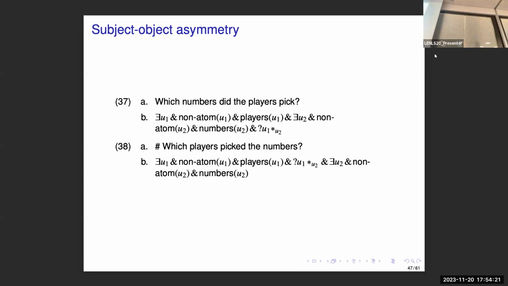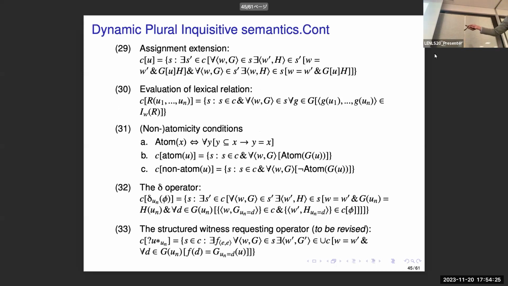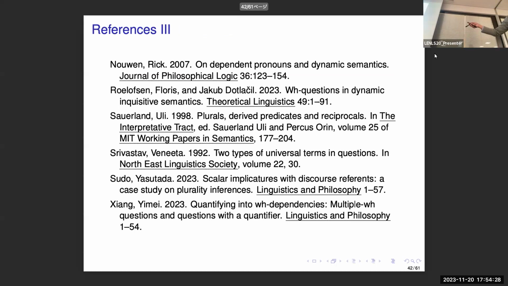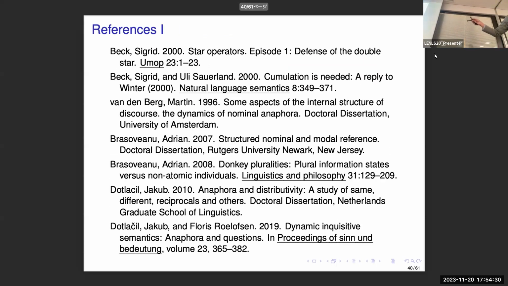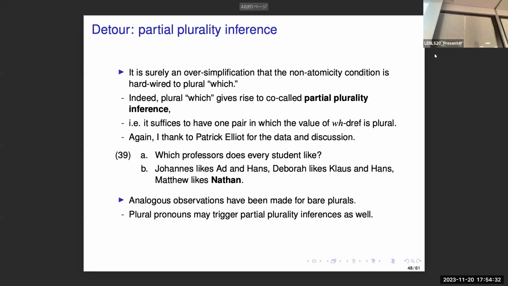So if you have multiple wh-questions, I apply a different analysis for multiple wh-questions, and my analysis will be a version of Dr. Rachel and Laurifson's analysis, and that analysis will not impose any number restriction for WH.